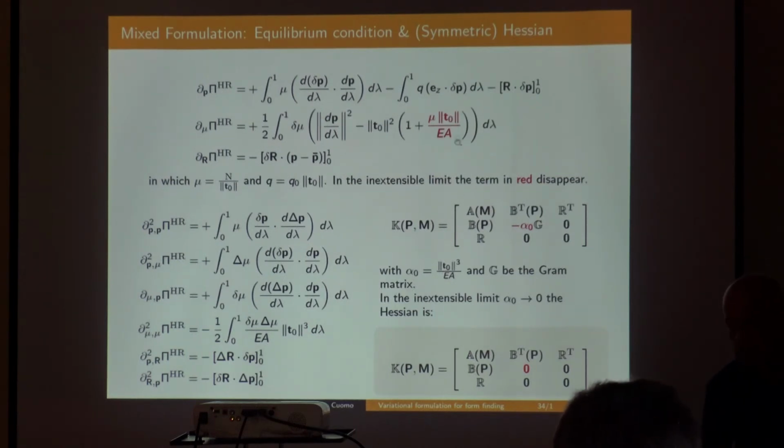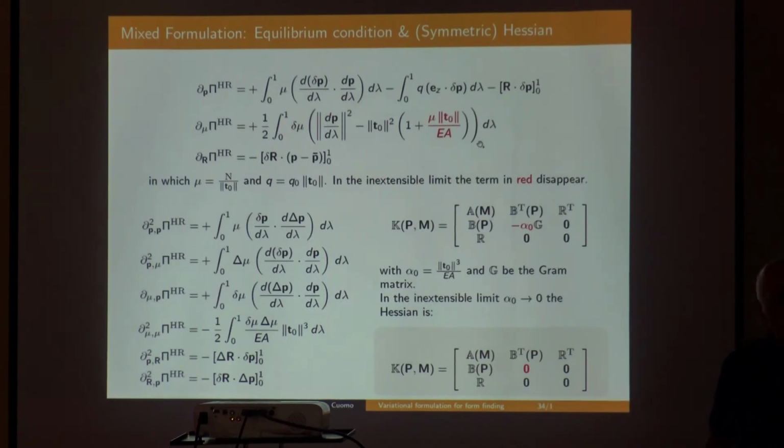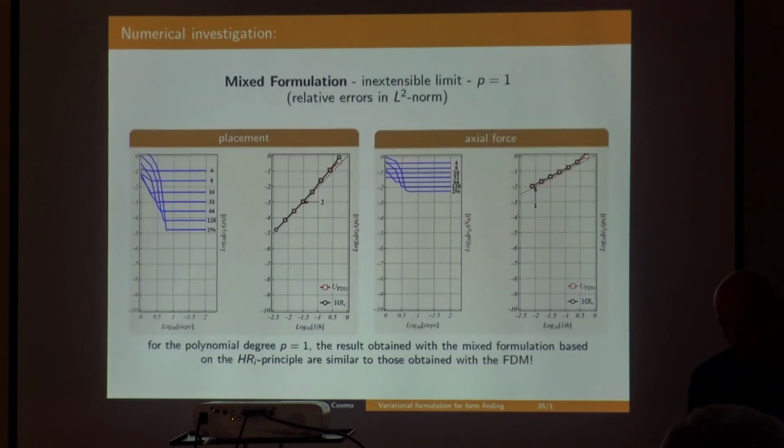In the case you add also elasticity, so you consider extensible cables, this term here is not zero, so this formulation can also be condensed. In the case of inextensible cable, it is zero, so the formulation cannot be condensed, but again, it's technical stuff. And these are the results using some other polynomials.